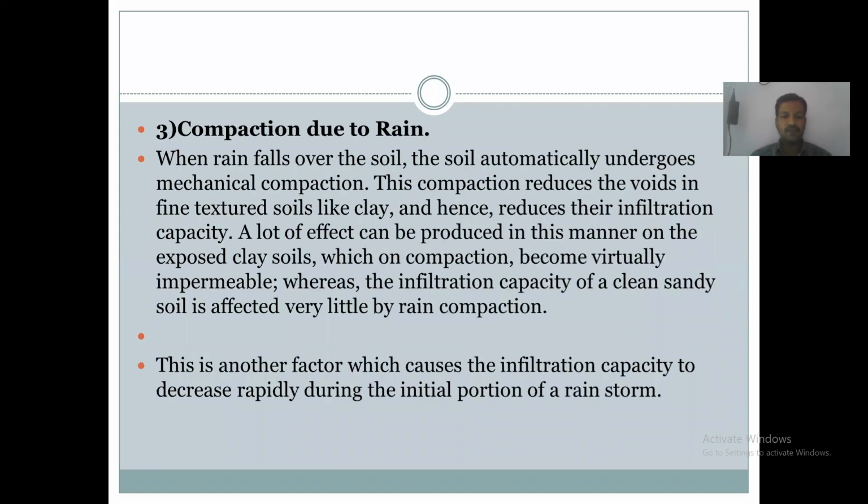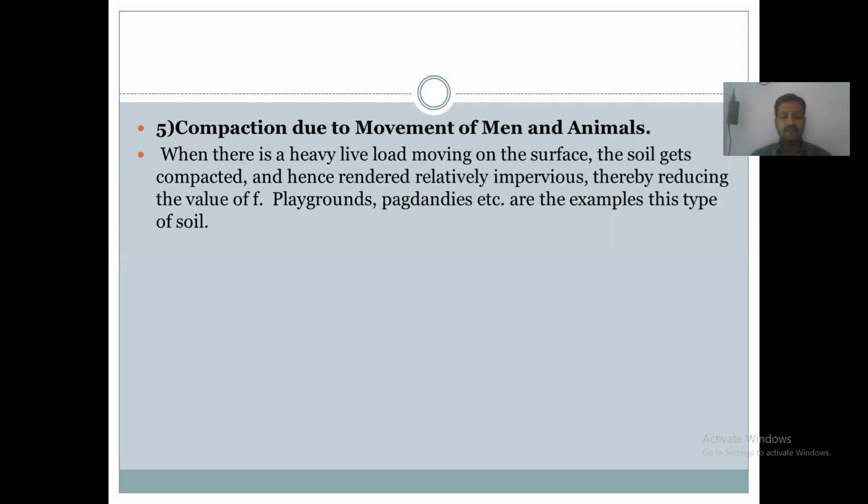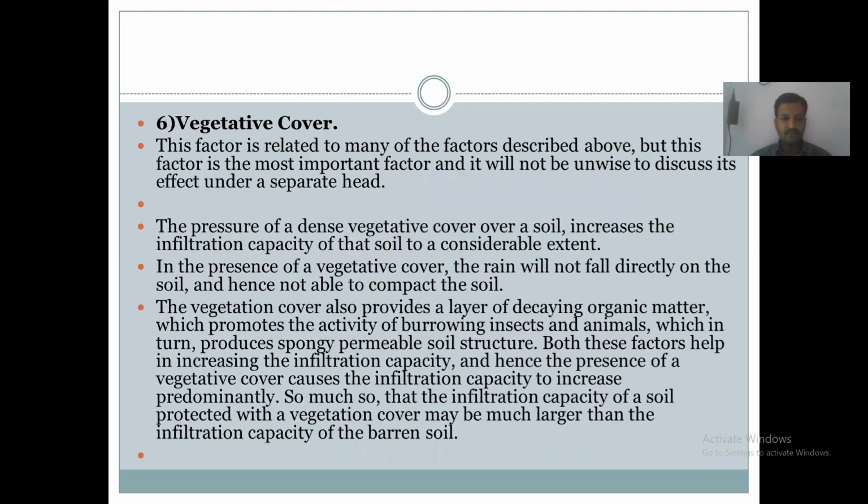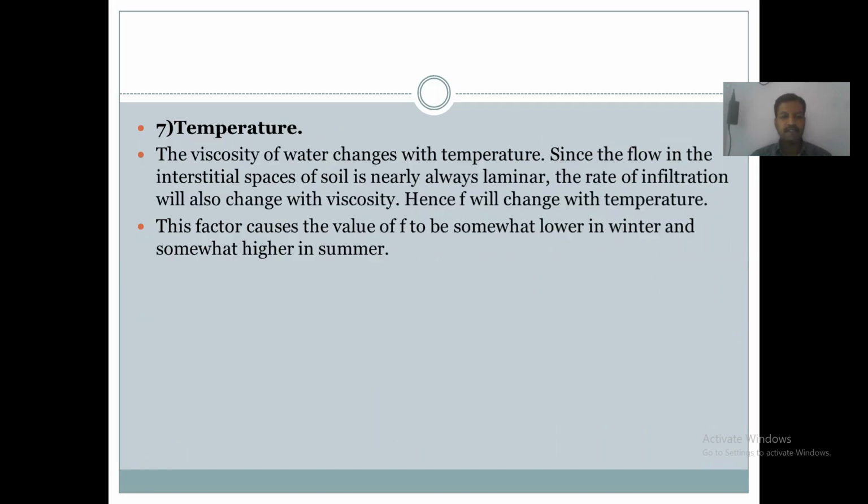Fourth is washing of the fine particles. Fifth one is compaction due to movement of men and animals. Sixth one is vegetative cover. And seventh is temperature. These are the various factors that are responsible for increasing or decreasing the infiltration rate. Based on these factors, the infiltration capacity will be more or less.